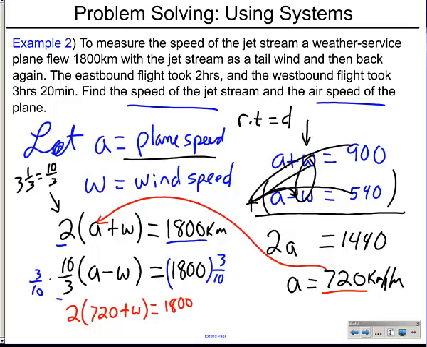Distribute, and we get 1,440 plus 2W equals 1,800. Subtract 1,440 on both sides, and we end up with 2W equal to 360. Divide both sides by 2, and we end up with W equal to 180 kilometers per hour.